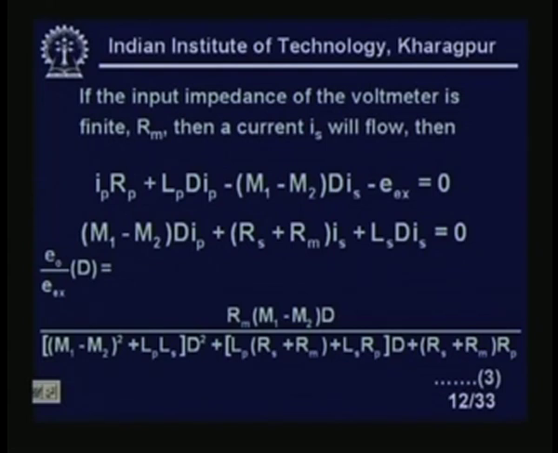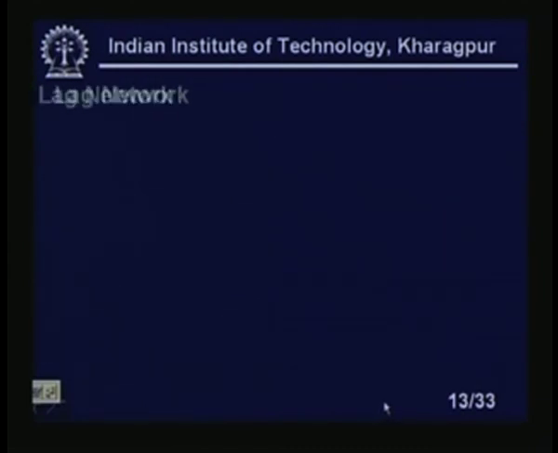If I take all this, I can write the simplification E naught by Ex equal to D (M1 minus M2) over [((M1 minus M2) whole square) plus Lp Ls D square plus (Lp (Rs plus Rm) plus Ls Rp) D plus (Rs plus Rm) Rp], right. This is equation number 3.